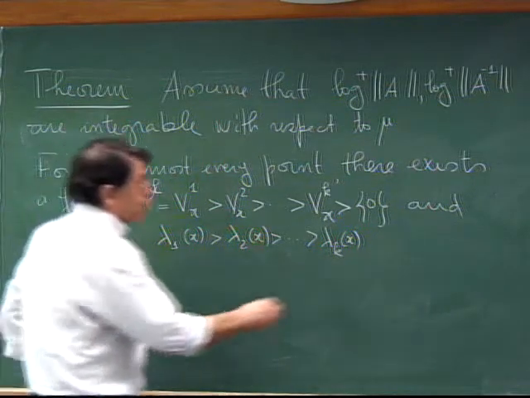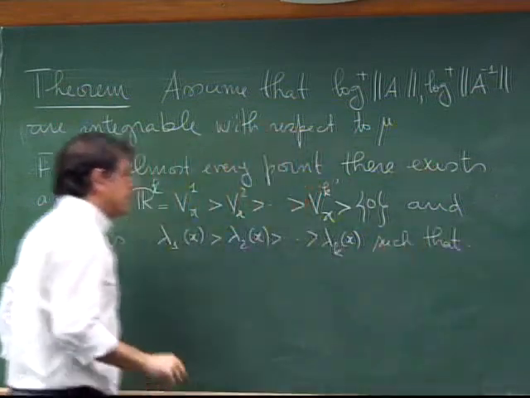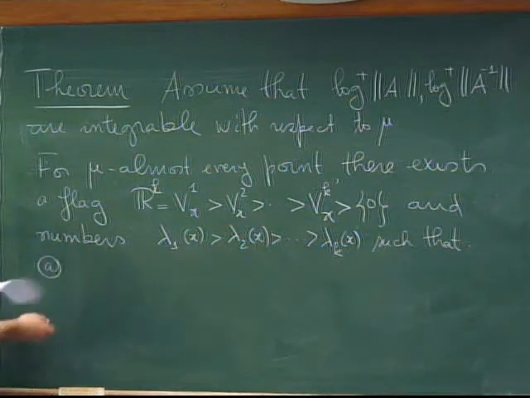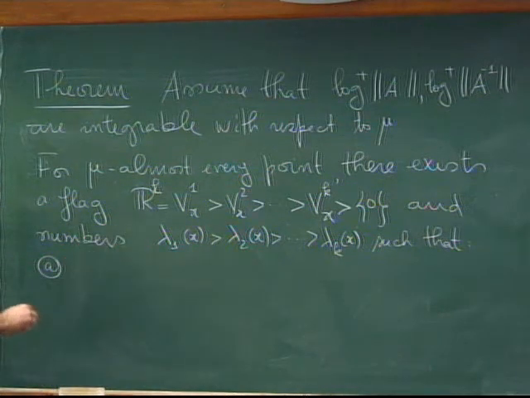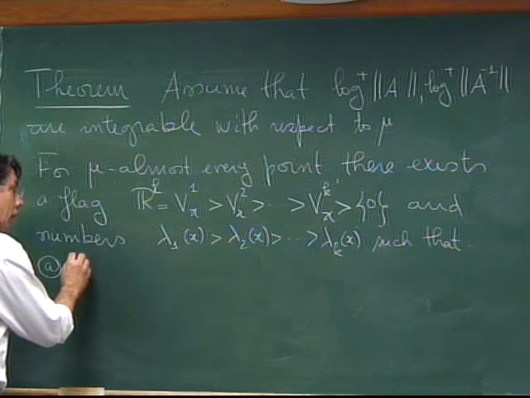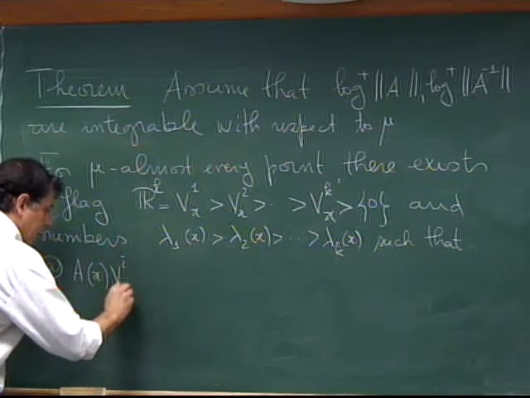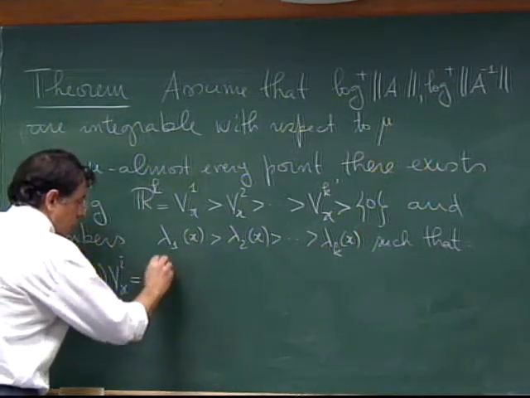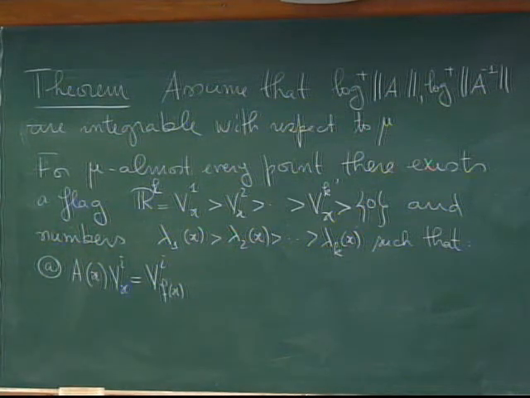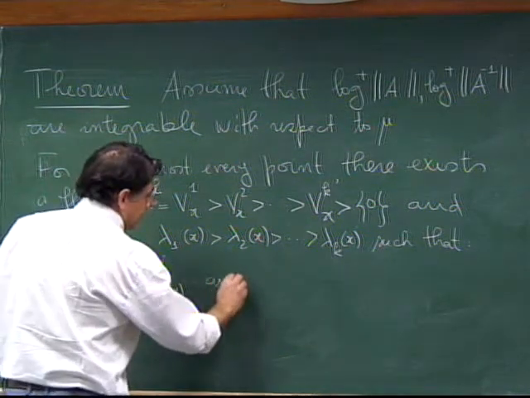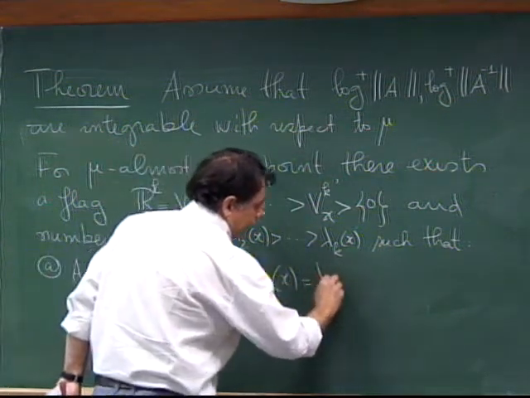such that, first of all, all these objects are invariant. So A_x of Vi(x) is equal to Vi(f of x), and lambda i of x is equal to lambda i of f of x.